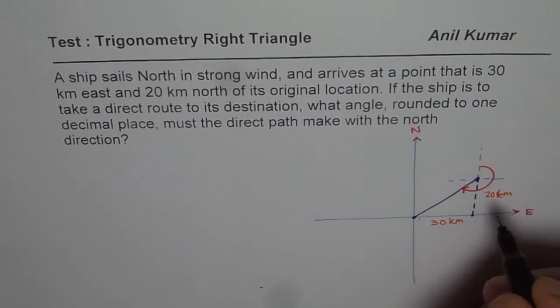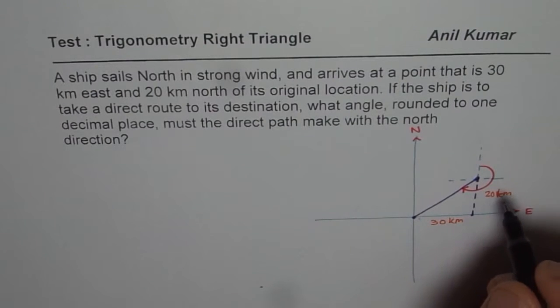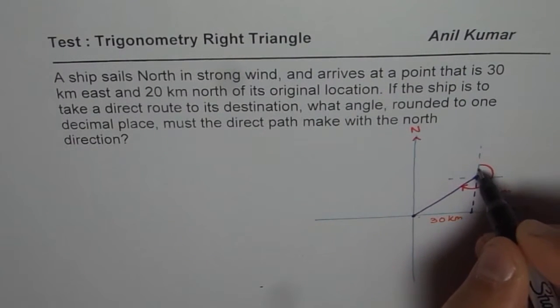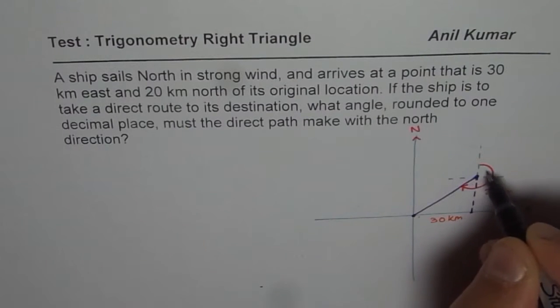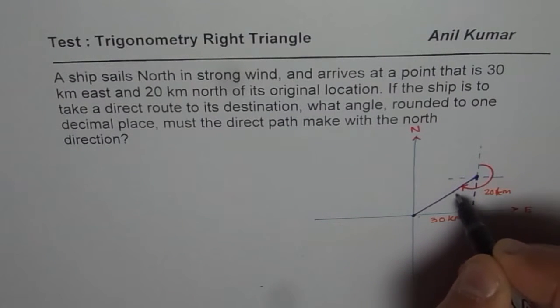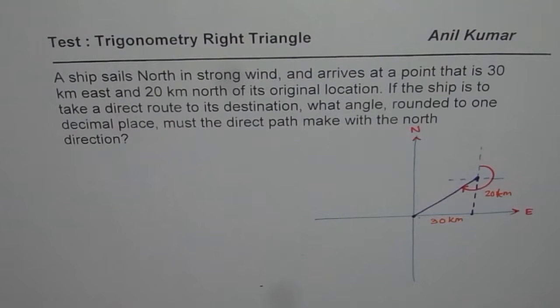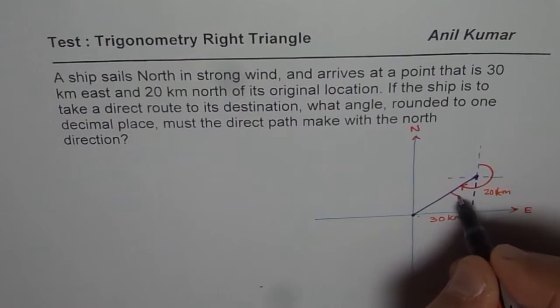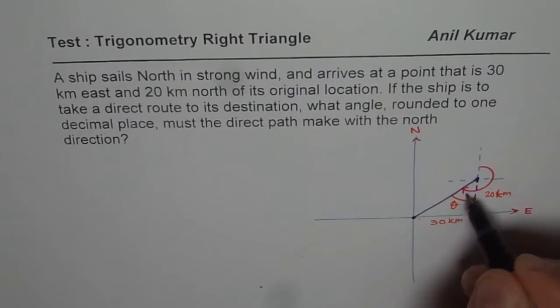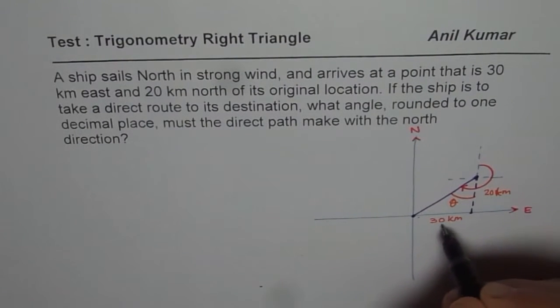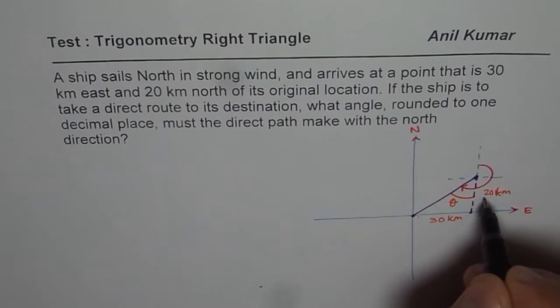Now first, what we can do here is that we know this much is 180 degrees. Now we could add that angle to find. So let us first find this angle. Let me call this angle theta. Looking from that side, the opposite side is 30 and the adjacent is 20.